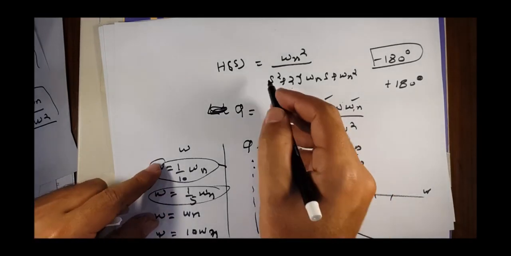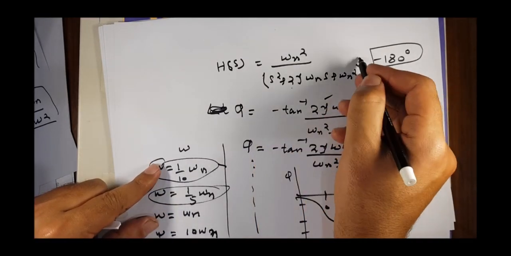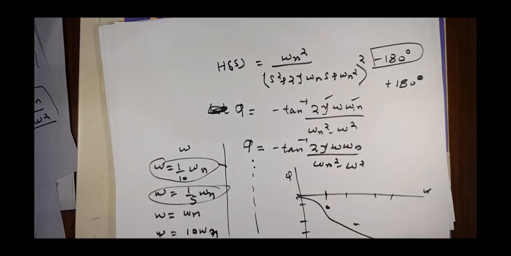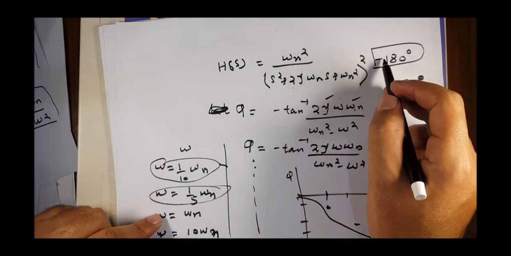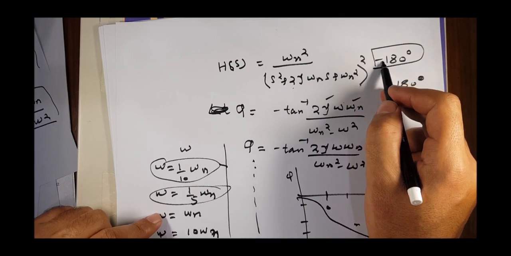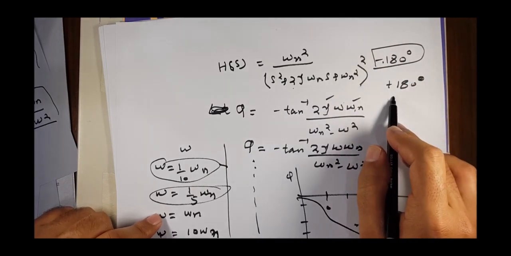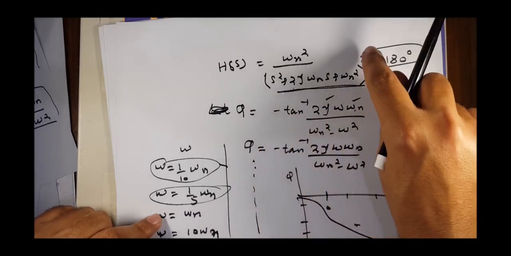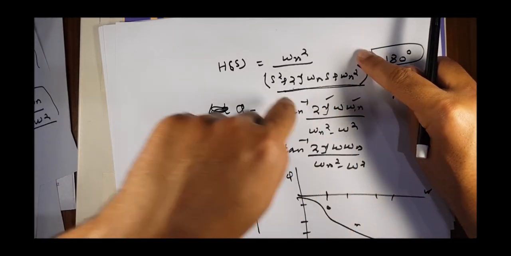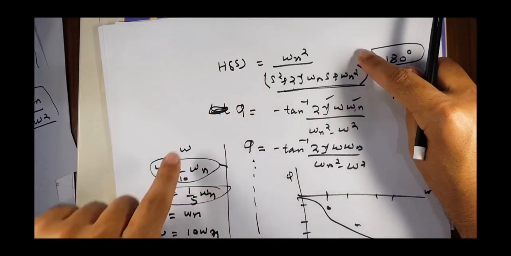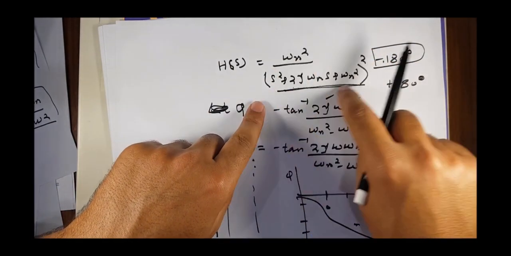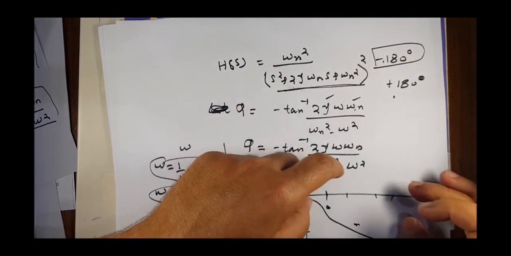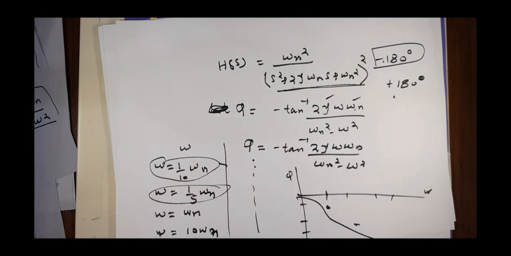An interesting result can be drawn if you are given a squared term: the asymptote will be minus 360 degrees, and for a zero plus 360 degrees. You just need to find the phase of the single term, then multiply by 2, and you will get the phase of this value. Then simply draw those values.